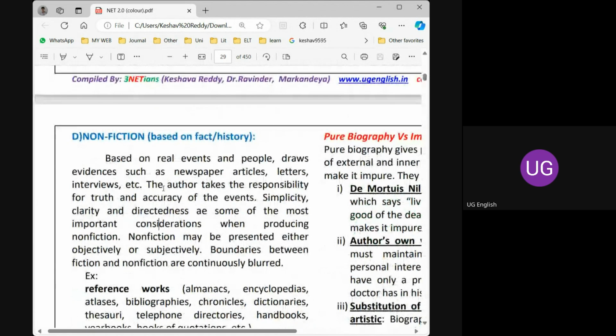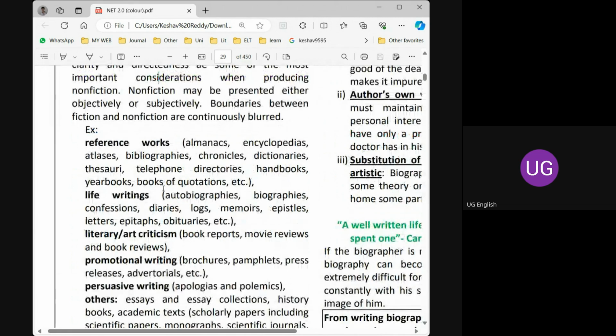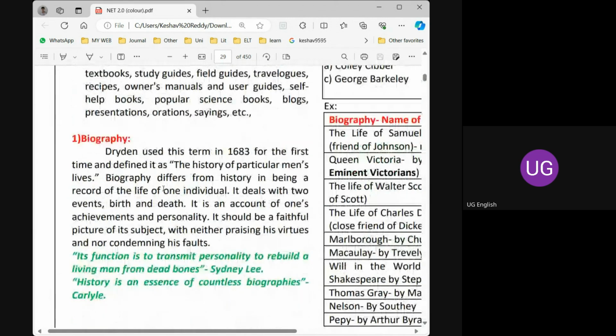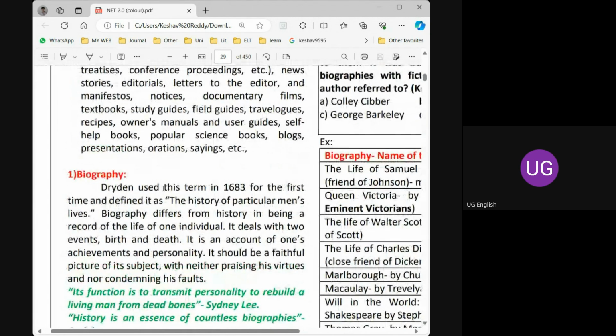Simple thing, for your idea, I'm just giving all these examples. So non-fiction is simply based on historical or true events, real world or real people. So we will look into the subtypes of this non-fiction.